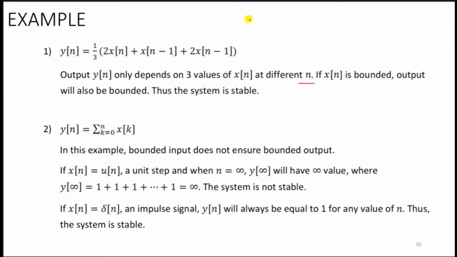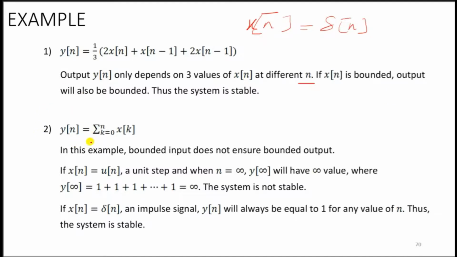If x[n] is delta n, for instance, which is just at one point, then it is an input that is bounded, and it will produce a bounded output.